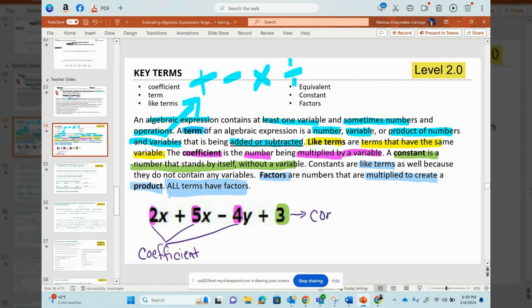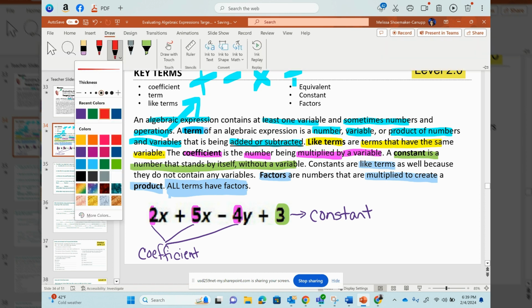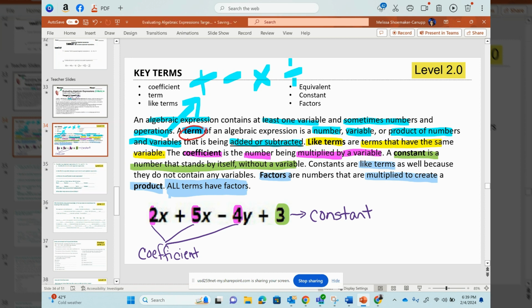Notice how it does not have any variables around it. So a term, this is very important. I'm going to go red and circle the terms. It's a number, a variable by itself, or a product of numbers and variables.